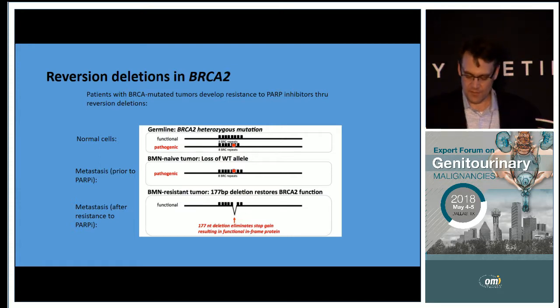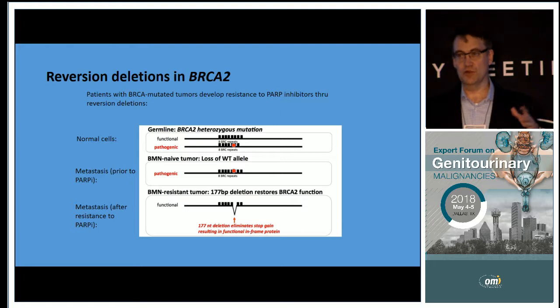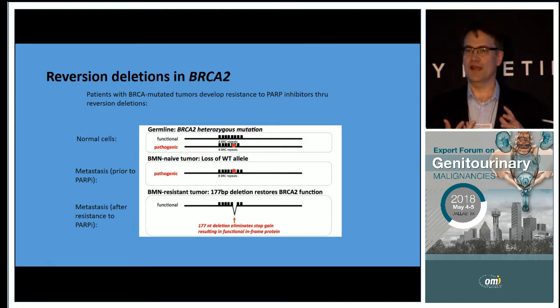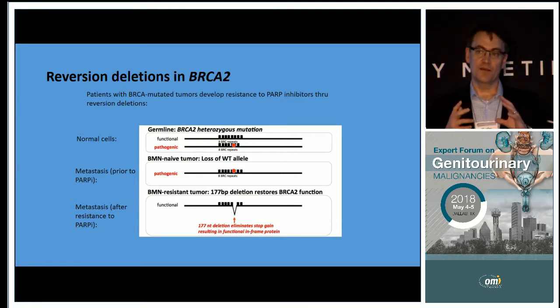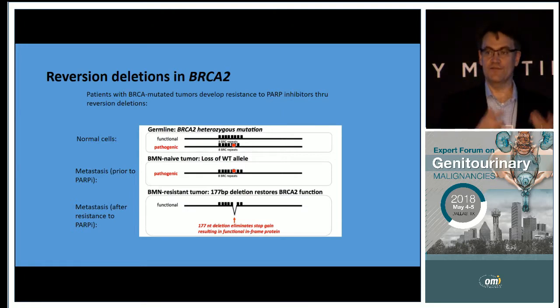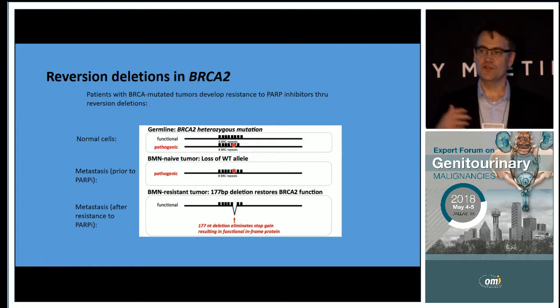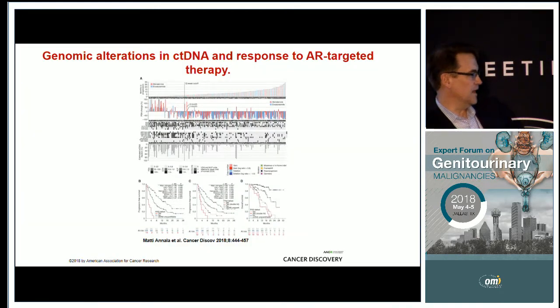In a BRCA2 mutation, you have a mutant protein which is unable to function, and through clonal selection or selection pressure, a second mutation can evolve in BRCA2 that results in a truncated protein, but one where the BRCA function is restored. So you get a mutation that undoes a prior mutation, and therefore they're called reversion mutations.